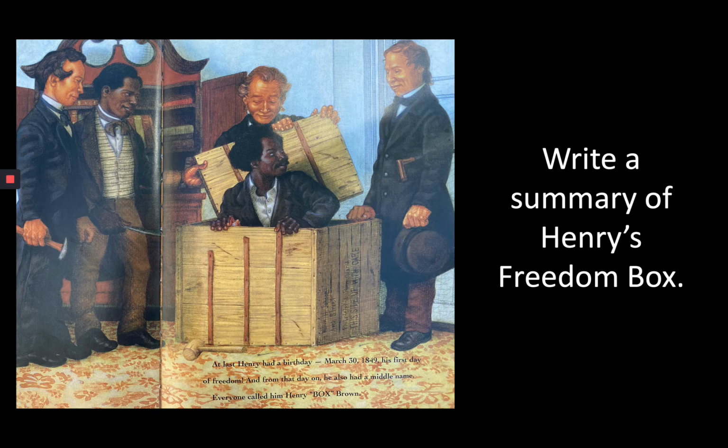Next one, write a summary of Henry's Freedom Box. Remember, in fourth grade, you start writing summaries using those key ideas and details. So that would be A. For A, I want you to write theme, message, summarize.